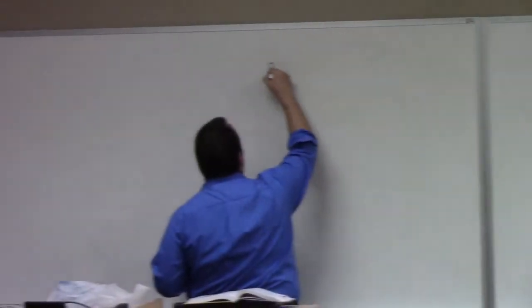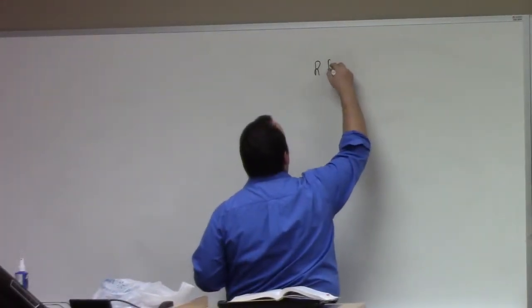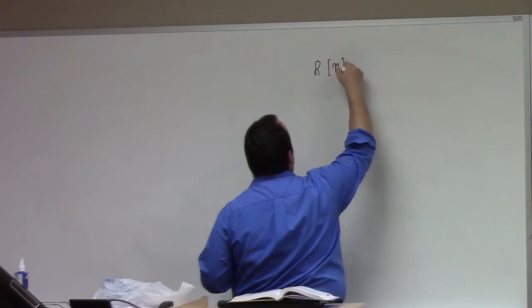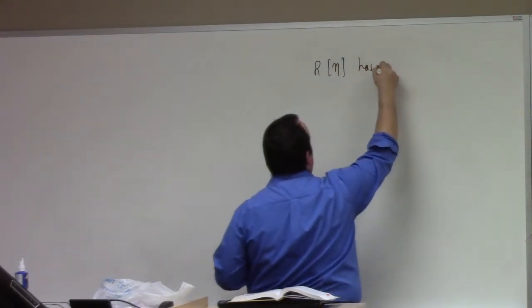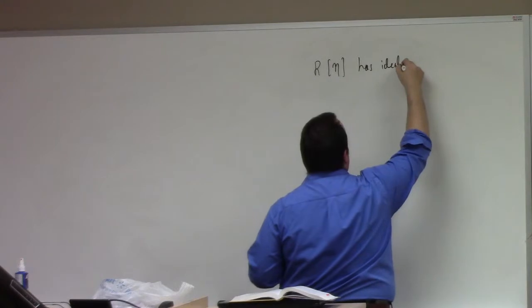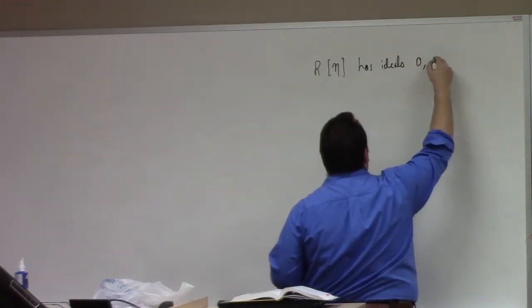Now in 35 part C, he says if R is a division ring, show that R adjoin eta has three ideals: 0, Rη, and R. R is wrong. So R adjoin eta, let's say, has ideals 0, right?